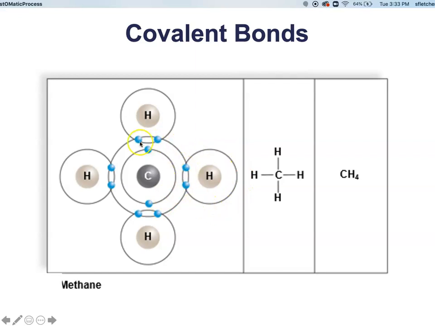Same with this pair over here, and so on and so forth. So what happens is that these bonds, these covalent bonds, are formed by the actual sharing of electrons between atoms.